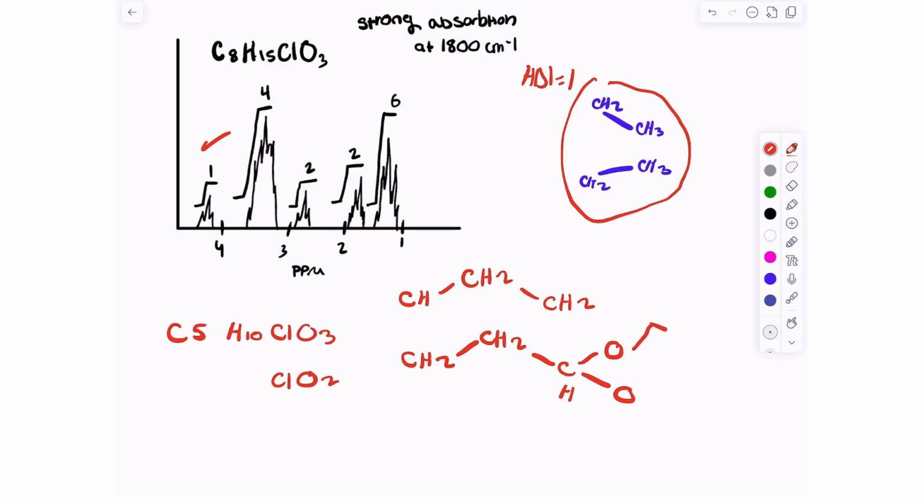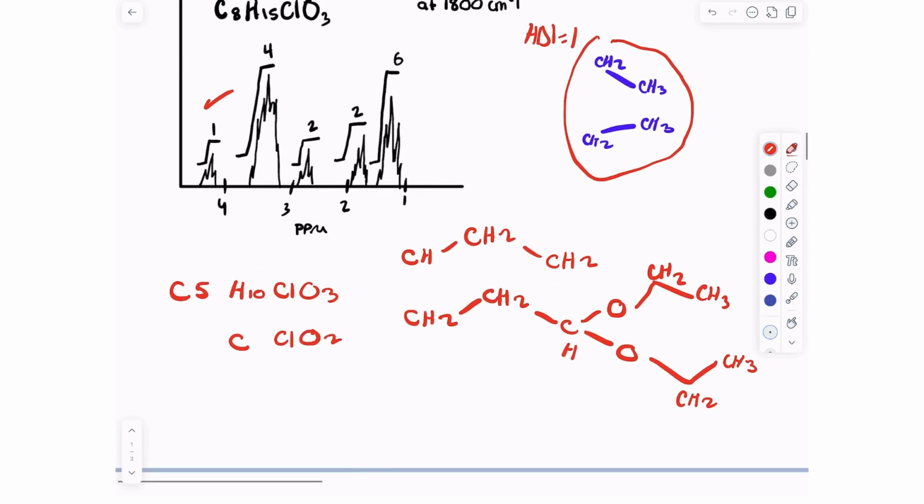We still got our chlorine, so we need to figure out what to do with that. But if we were to add ethyls, CH2, CH3, CH2, CH3, we've now used all of our hydrogens, and we have 1 more carbon left.